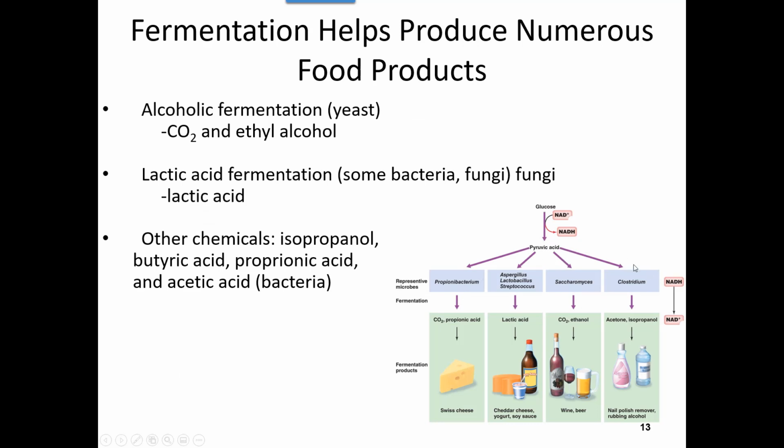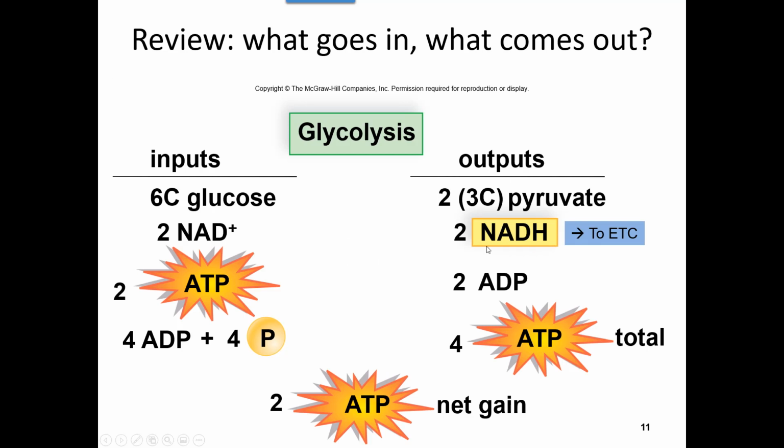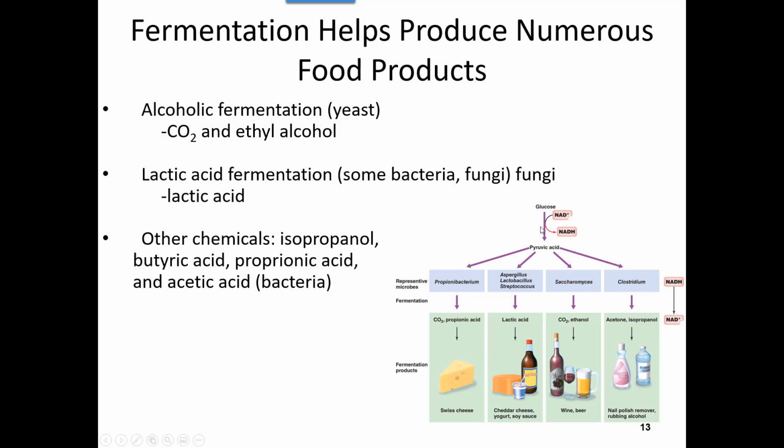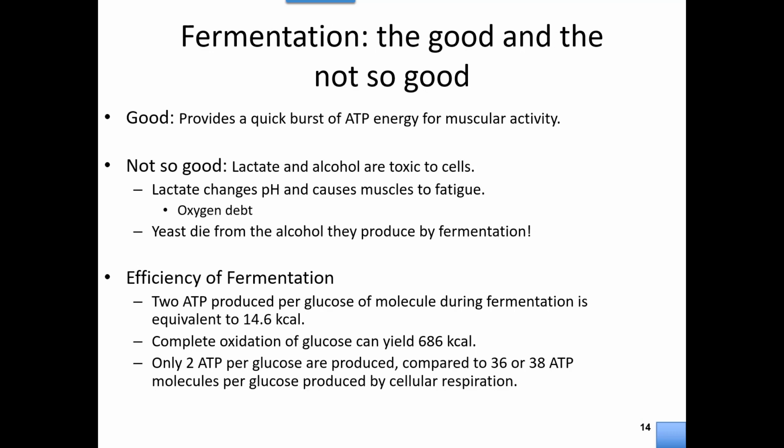But through glycolysis, as we already went through, I'm going to go back a couple slides, we do get a little bit of ATP out of glycolysis. We don't get any ATP out of breaking down pyruvic acid, but through the whole fermentation process, we do get a little ATP out of the glycolysis step. So there are times we just need some really quick burst of ATP. It's not a lot of ATP, but we need a quick burst of it.